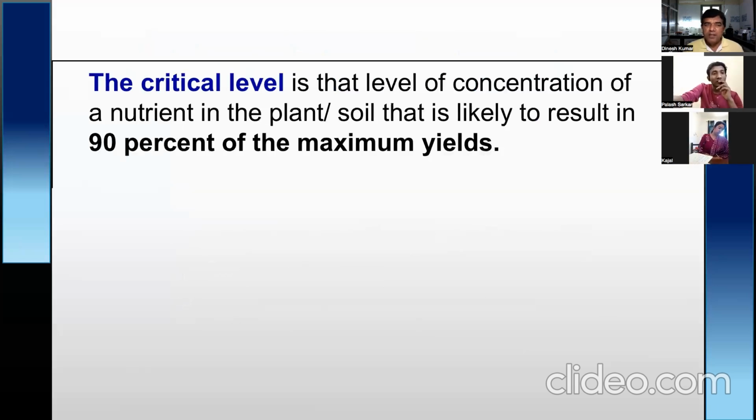So now see, critical concentration is that level of concentration of a nutrient in the plant or in soil that is likely to result in 90% of the maximum yields. So at this level, you are getting 90% growth or 90% yield. Maybe in plant or maybe in soil. Maybe low, maybe high. Low means deficiency, high means toxicity.